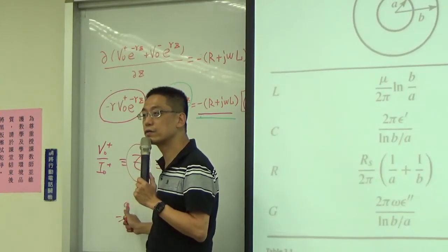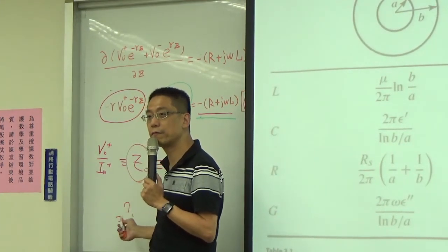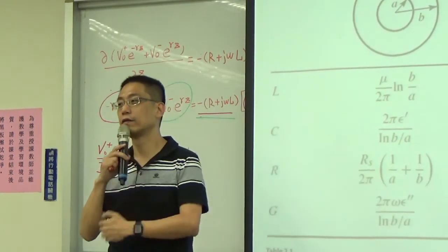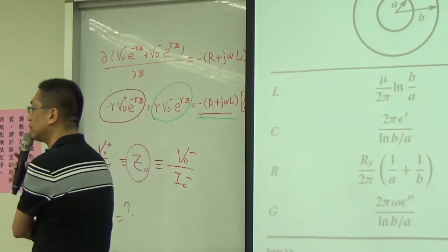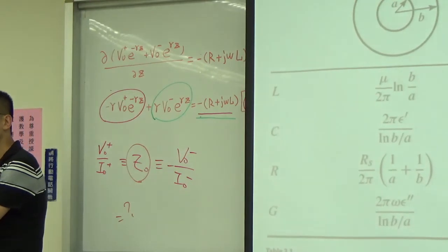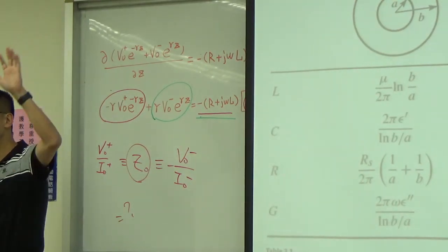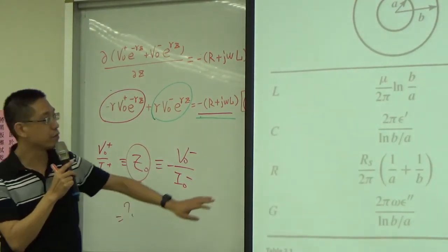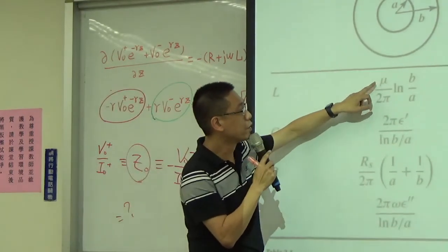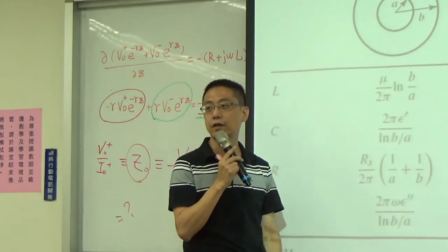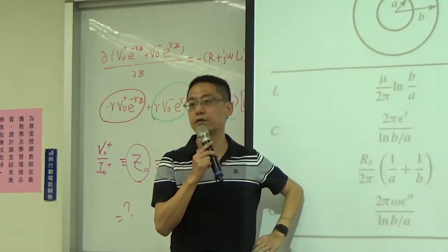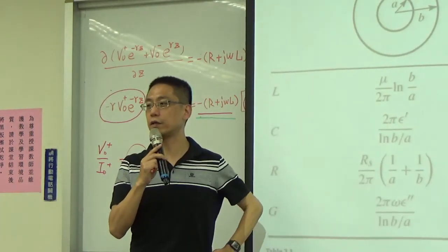Everyone? Anyone? Just raise your hand. This is 0. This is just mu, and this is epsilon. I think the same as what we said in chapter 1.